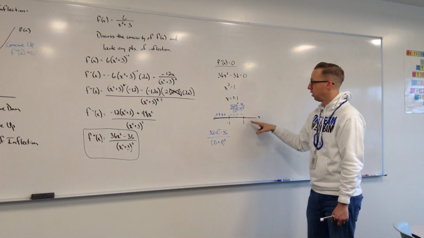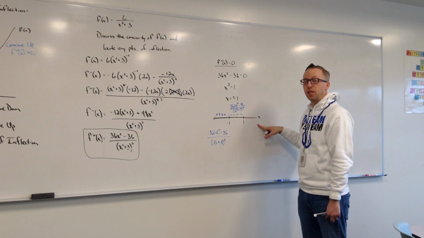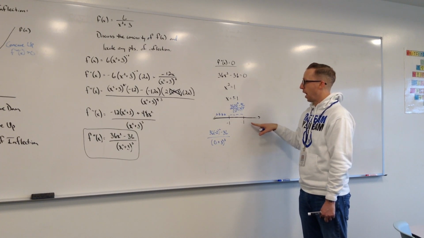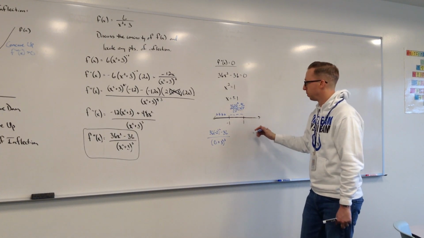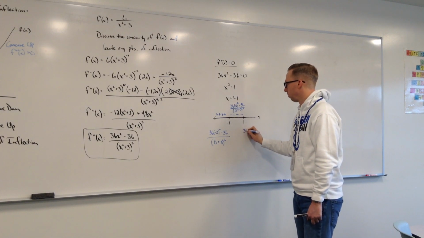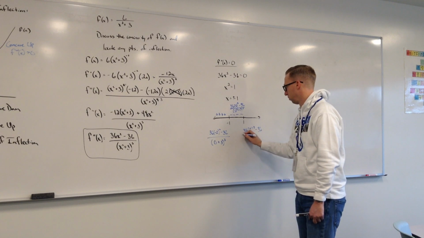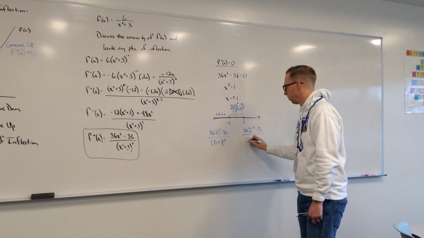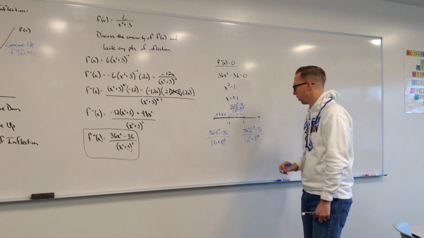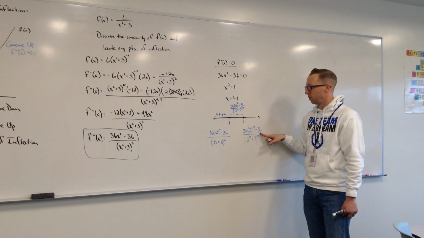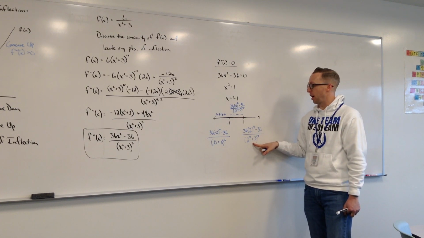Let's now test a number greater than 1 to see if this interval is concave up or concave down. I'm going to go ahead and plug in 2. 36 times 4 minus 36 should be positive. 2 squared is 4 plus 3 is 7, and 7 to the third is also positive.